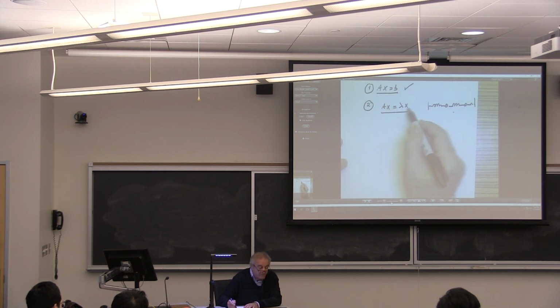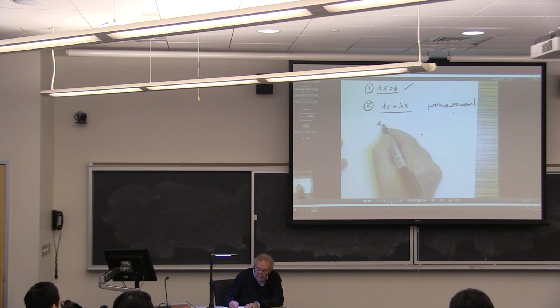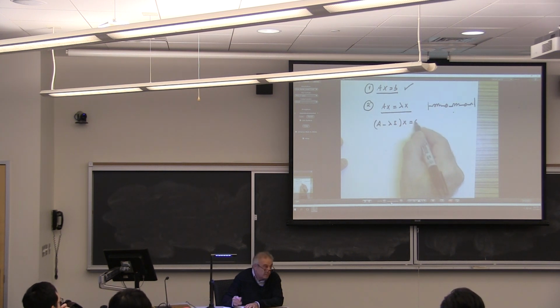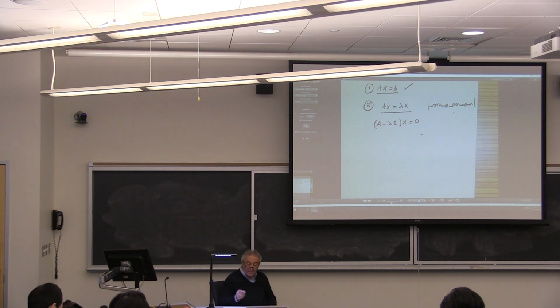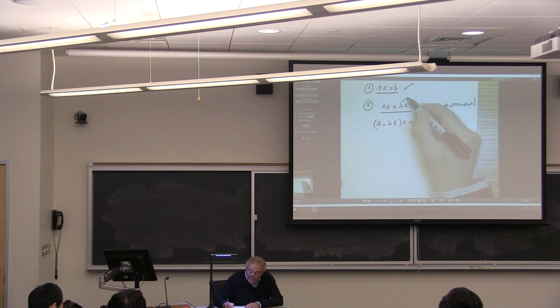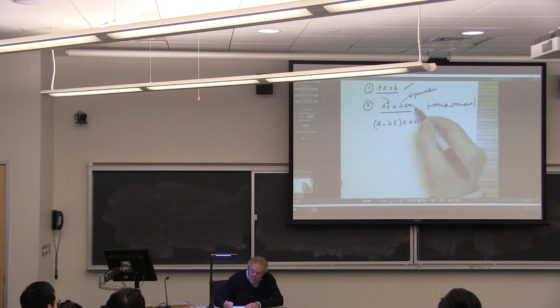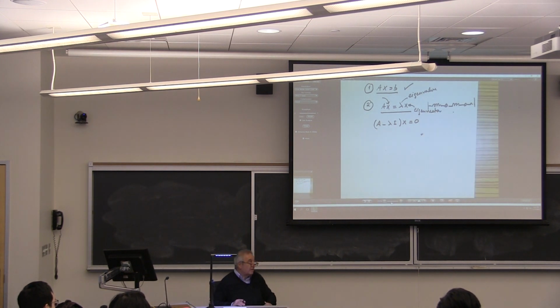So this equation can be written as A minus lambda I times x equal to 0. Right? Because if I take the lambda x over, by the way, this lambda is called the eigenvalue, and the x is called the eigenvector.